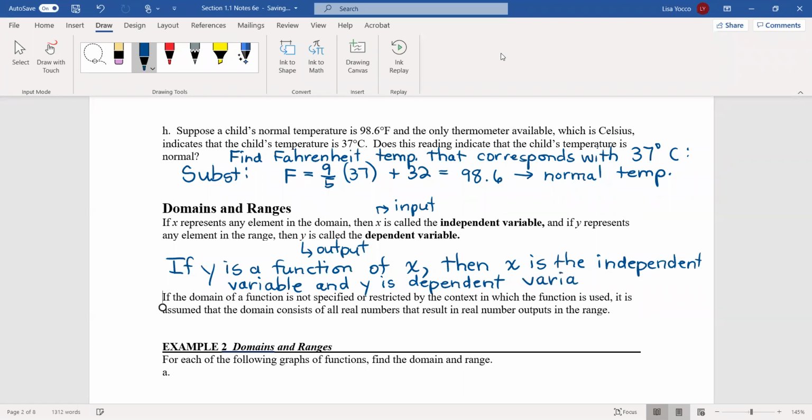We can also, in less formal terms, say Y depends on X. All right. Y is dependent on X.